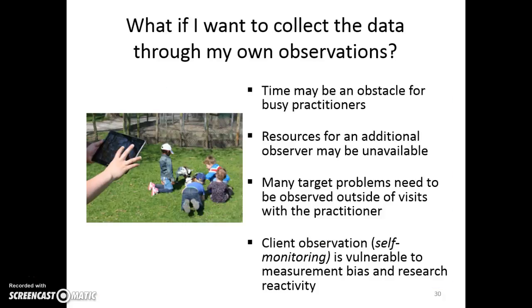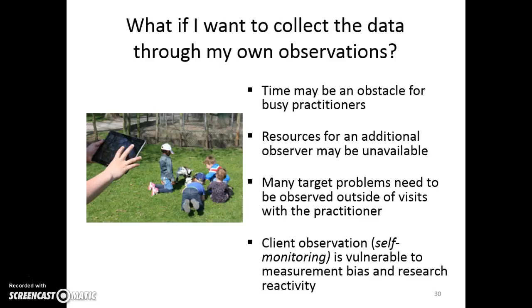Of course, you can do your own observations. We know it's time challenging. We know sometimes resources are a challenge. And sometimes you might be trying to observe things that just aren't going to happen in the time that you see the subject. Now, if you have the client observe themselves, so for example, if you're tackling anxiety and you want somebody to monitor the number of times they wake up during the night, well, you might have some measurement bias because they know they're being evaluated.